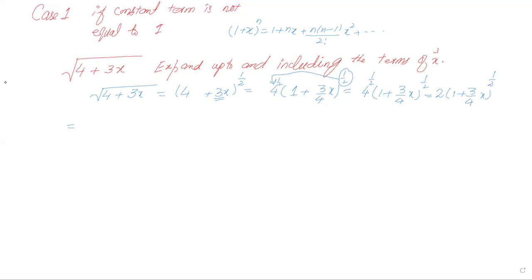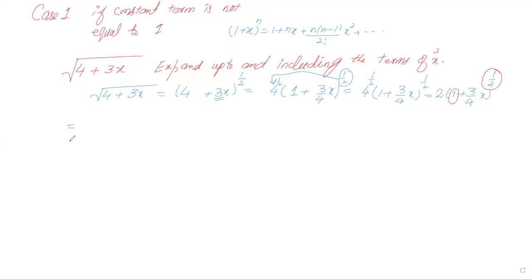What are the conditions? The term within the whole power must be 1, and the power of the binomial expansion must be in fractional form or negative form or both.